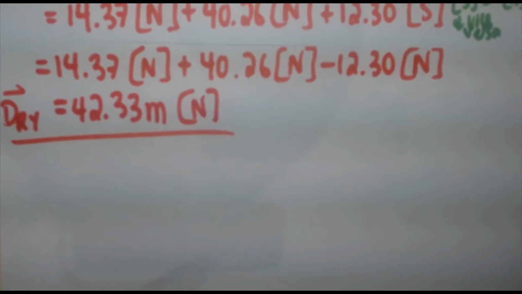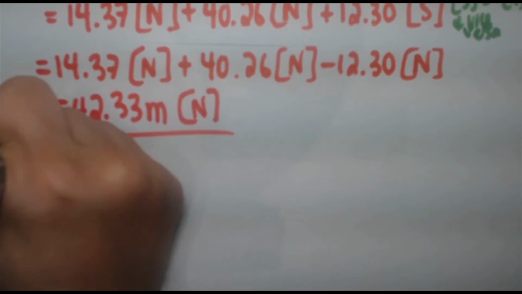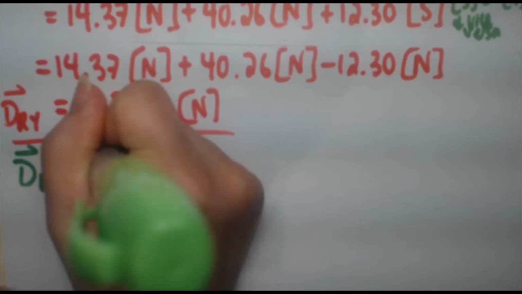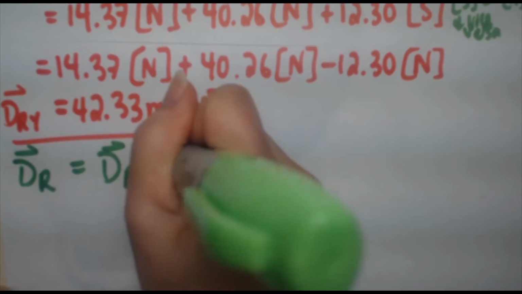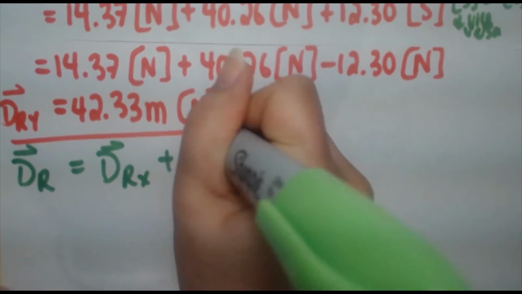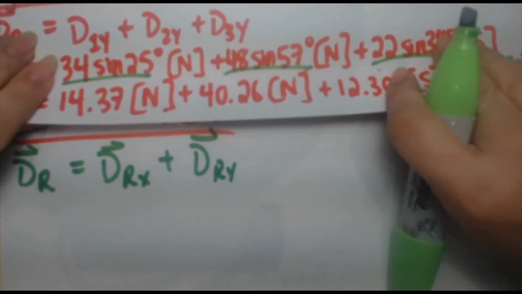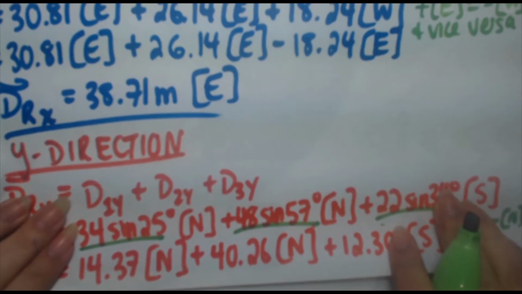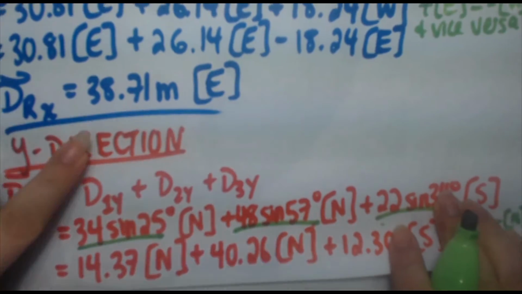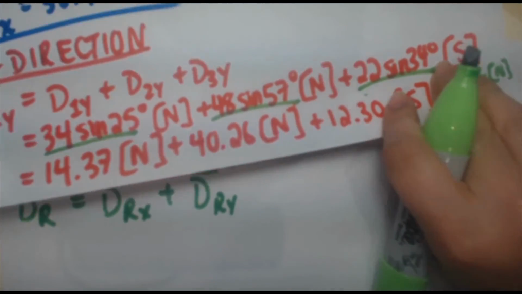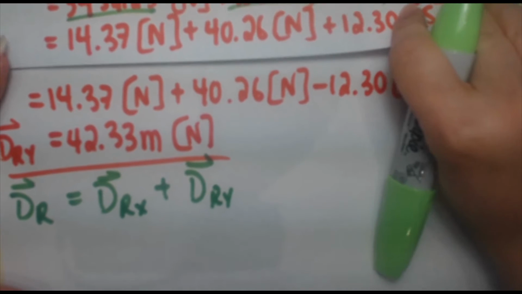Okay, so we're going to combine them. Recall the dr is equal to the resultant in the x plus the resultant in the y. If you recall, our resultant in the x was 38.71 going east, and our resultant in the y direction is going in the north direction.